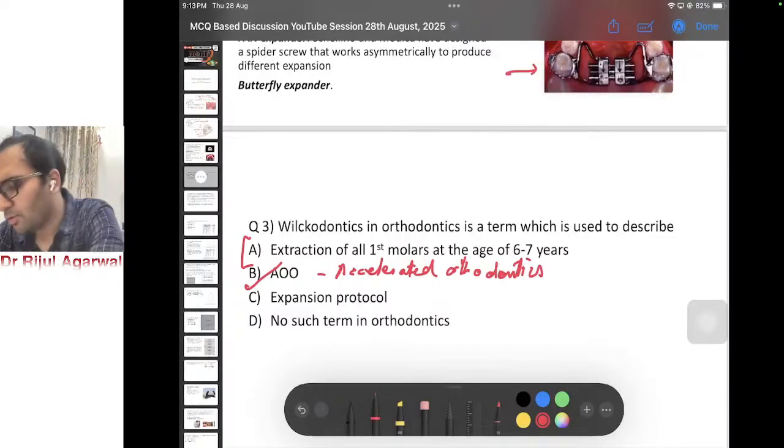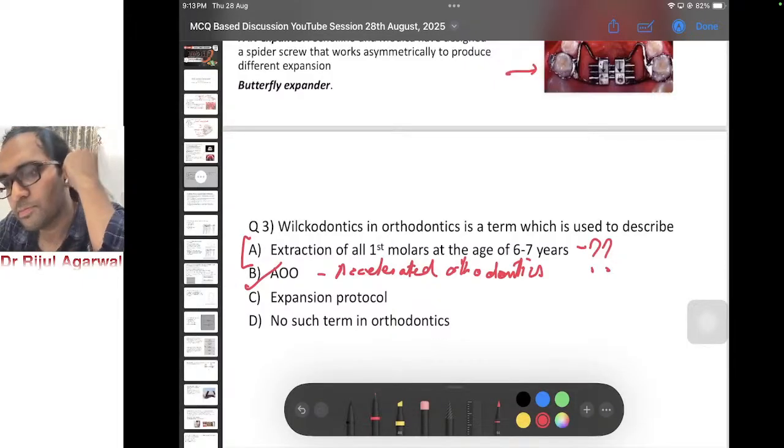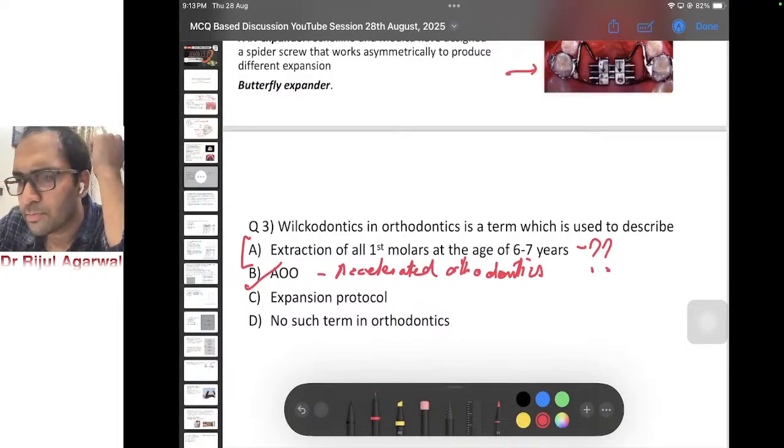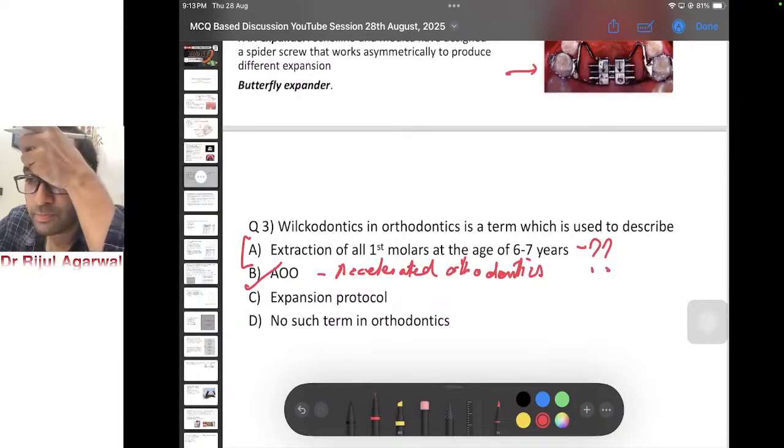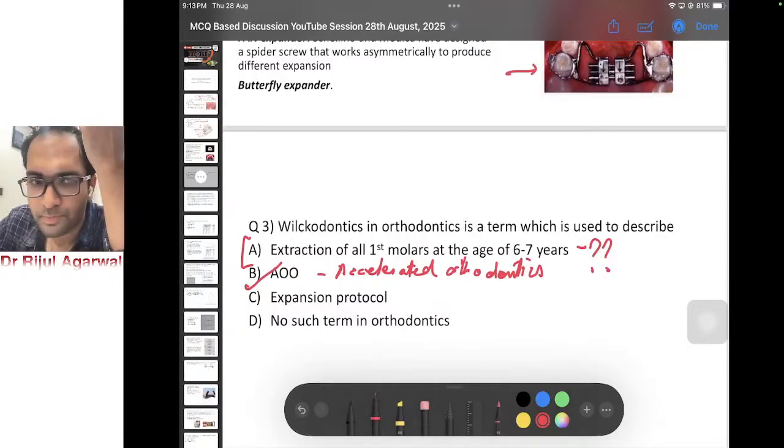If anyone can tell what is the name for option A. Extraction of first molars at the age of 6 to 7 years.